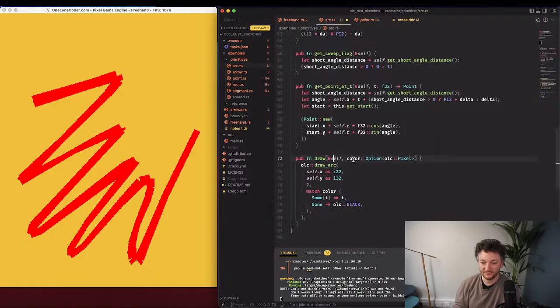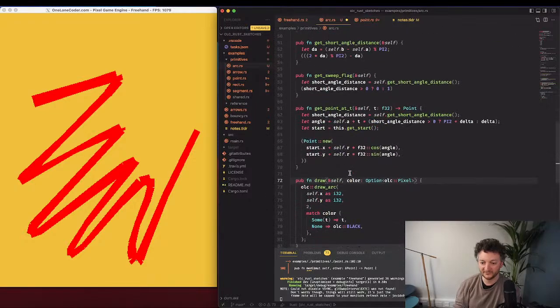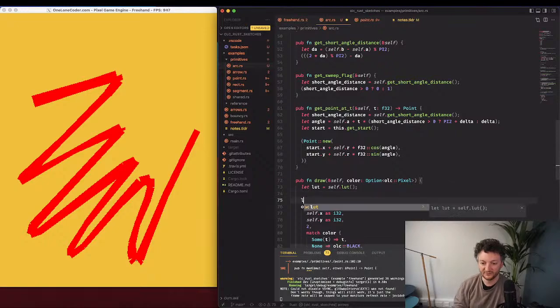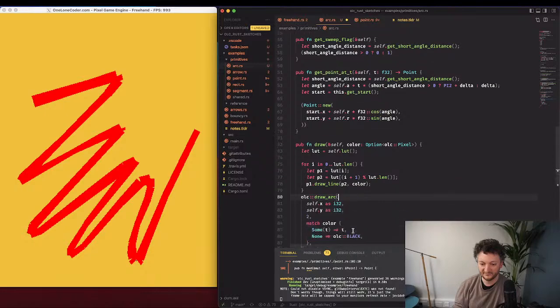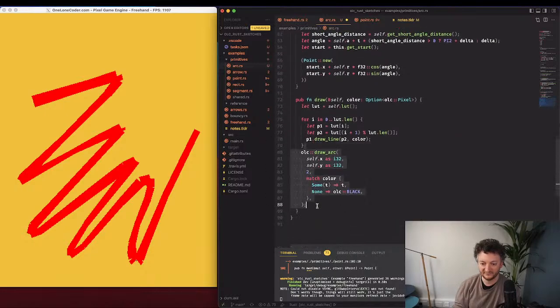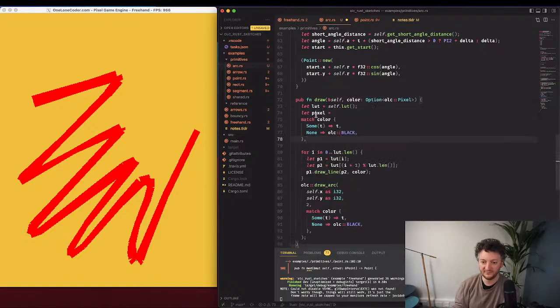And so we're going to get our lookup table, and then we're going to say, and that's based on pixel. So we have our pixel here.